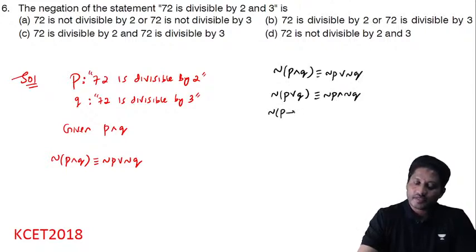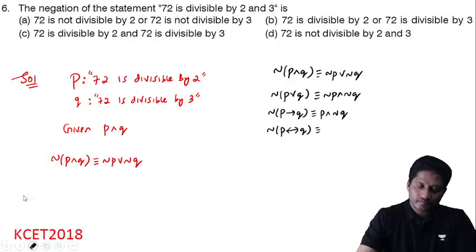Negation of p implies q is logically equivalent to p conjunction negation q. Negation of p double implication q is logically equivalent to p conjunction negation q, disjunction with negation p conjunction q.